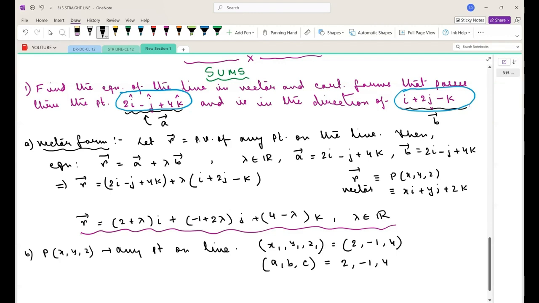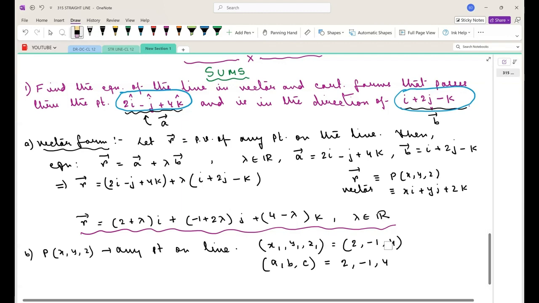Okay, that's it. Here also we have to make a small change with the same vector I've written here. So our b is actually i plus 2j minus k.